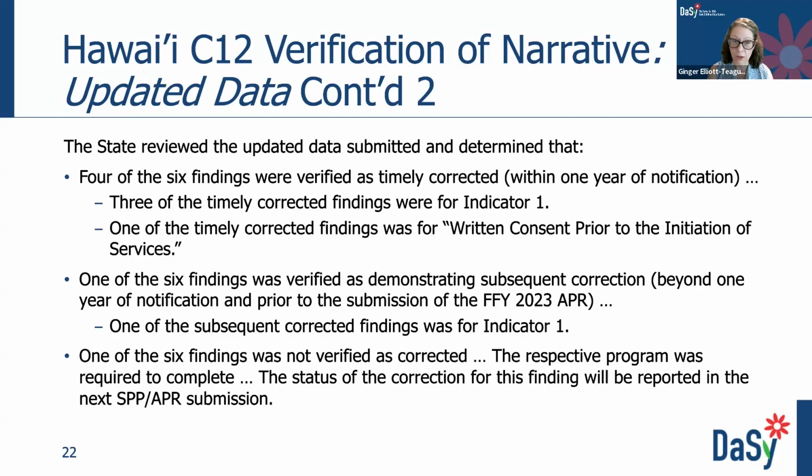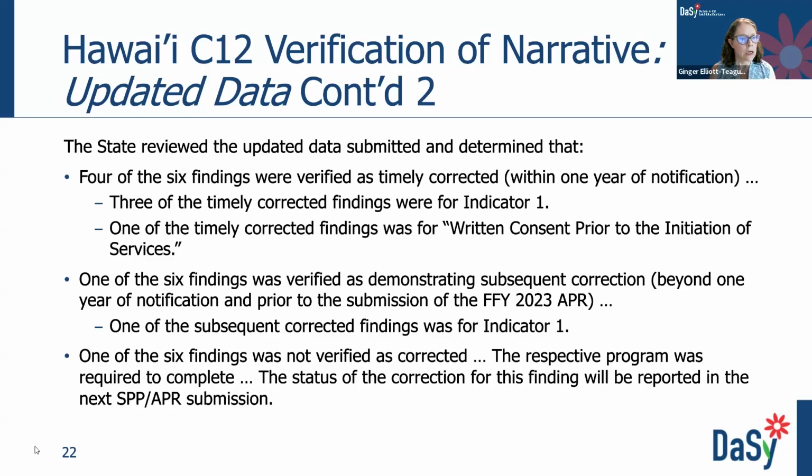Remember, we saw that they had reported that same thing in indicator 1. And then 1 of the 6 findings was not verified as corrected. So they go through some additional detail about their next steps, the enforcement actions, and so forth.